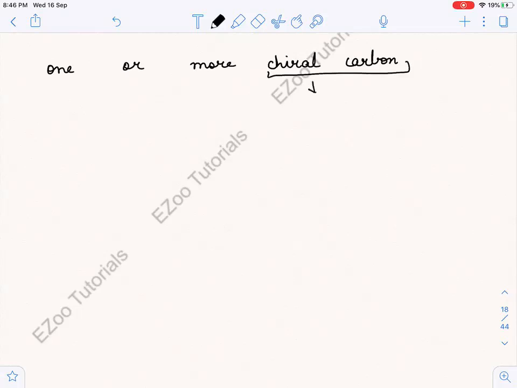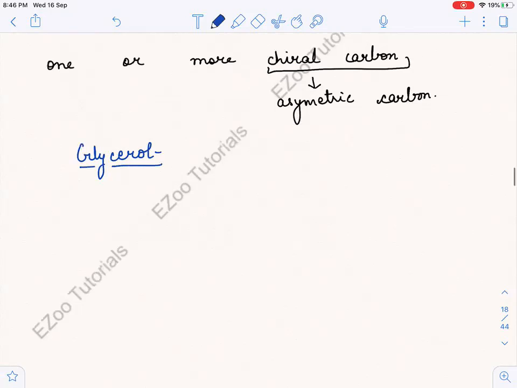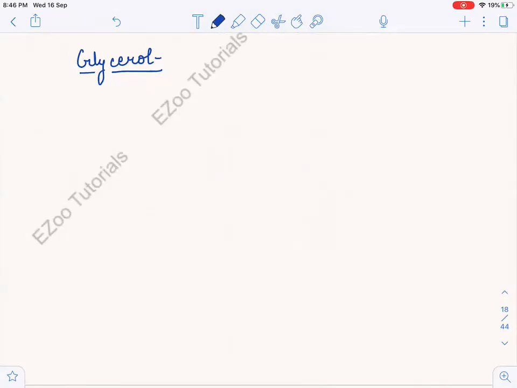You might know, it means the asymmetric carbon. Now let us see a few compounds and try to identify the chiral carbon. So I'm drawing glycerol. Let us see, can you identify the chiral carbon in it, or the achiral carbon, as the case may be.